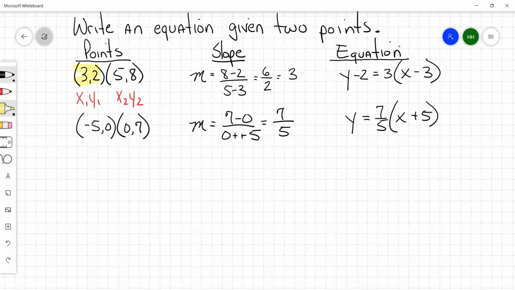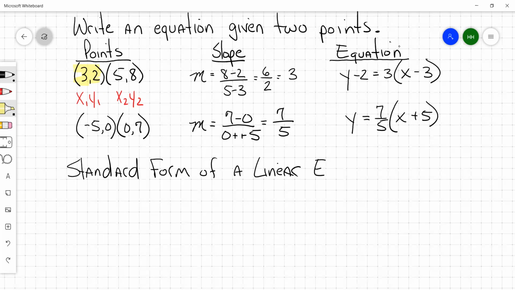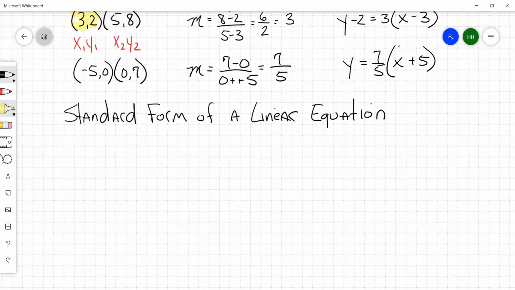All right, standard form of a linear equation. Standard form of a linear equation looks like a times x plus b times y is equal to c, which is a constant.